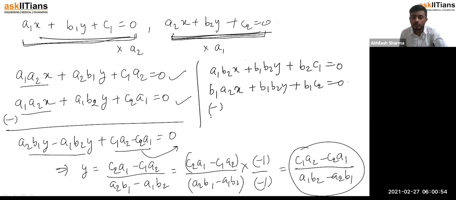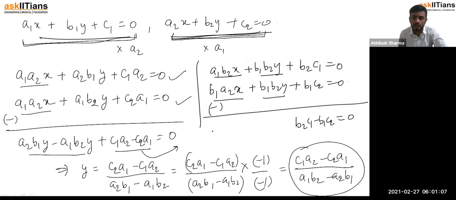Now if we subtract these equations, we will get 0 minus 0 is 0, b2c1 minus b1c2 here, and then this and this will get cancelled. First let us just subtract, then we will take x common.